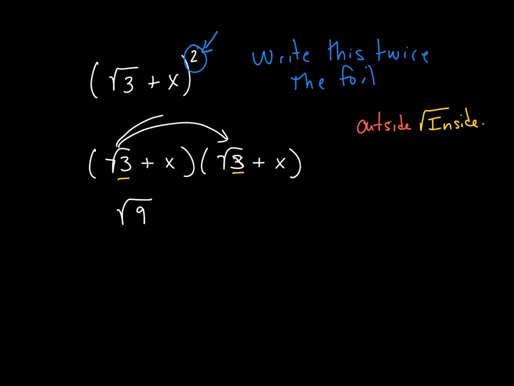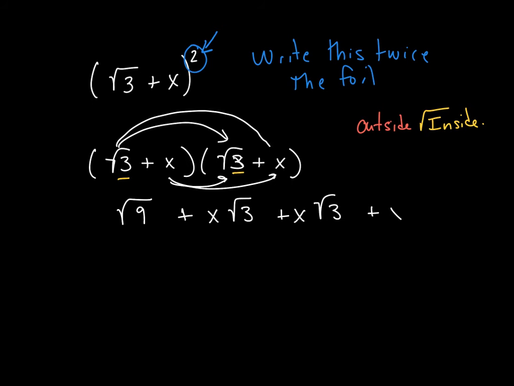The next one, square root of 3 times x, is just plus x square root of 3. I do the same thing with the next one, and that's plus x square root of 3. And then the last one is just your normal x times x, which is x squared.